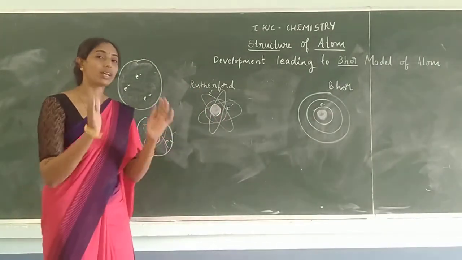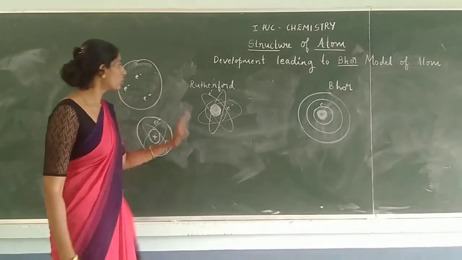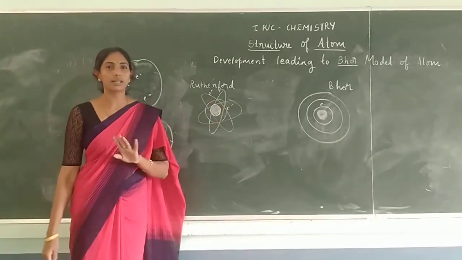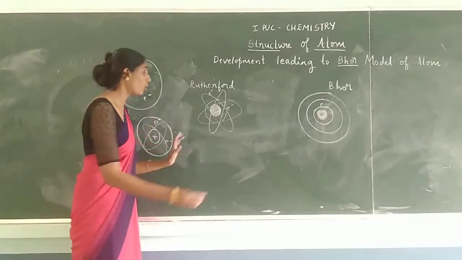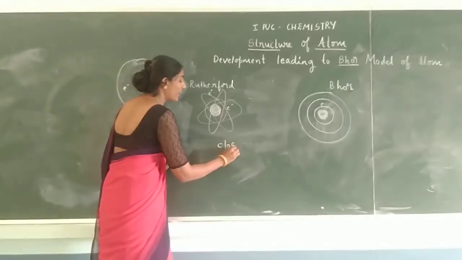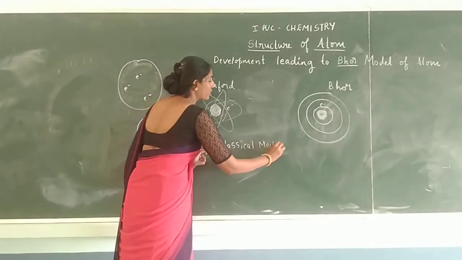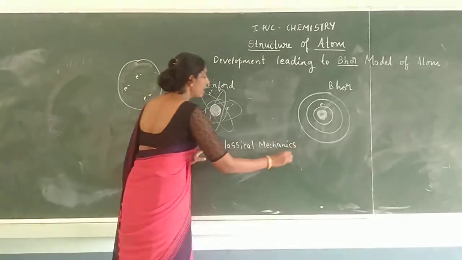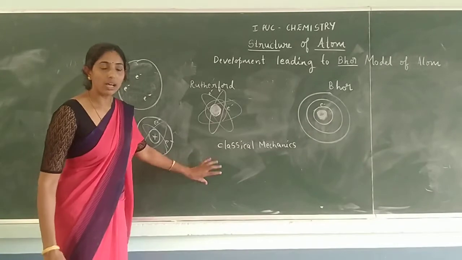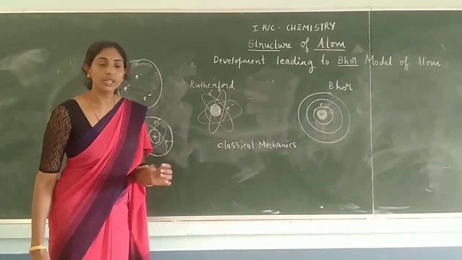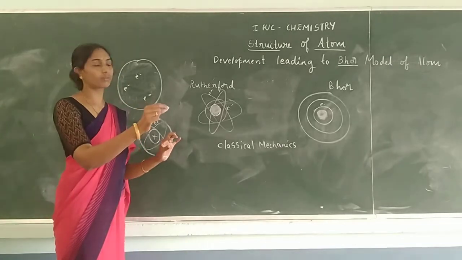Okay, like how the sun is at the center and it is surrounded by the planets, here also positive charge is at the center and it is surrounded by the electrons. But according to the classical mechanics, classical mechanics means it is the study which deals with the motion of the object, the movement of the object under the influence of a force.